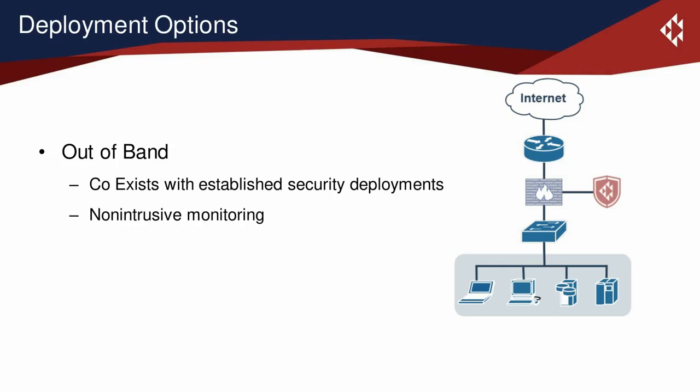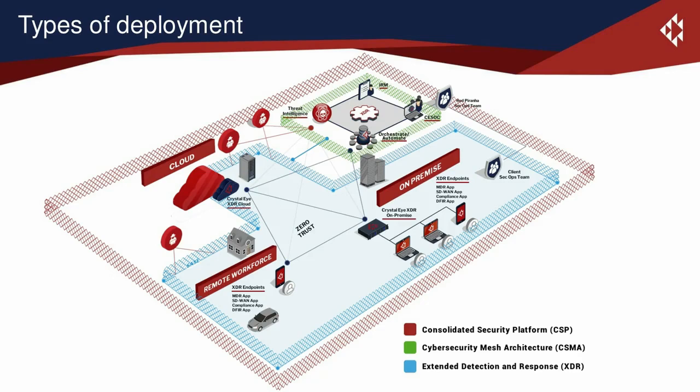So this is great for when we're trying to do things like vulnerability scanning and just more of a network monitoring application without actually getting into that security pipeline between the perimeter and the protected networks. So that's, like it says there, non-intrusive monitoring, and plays nicely with others, most importantly.